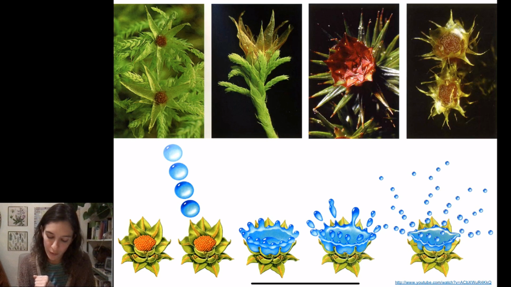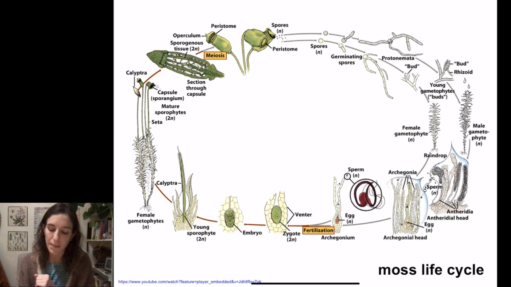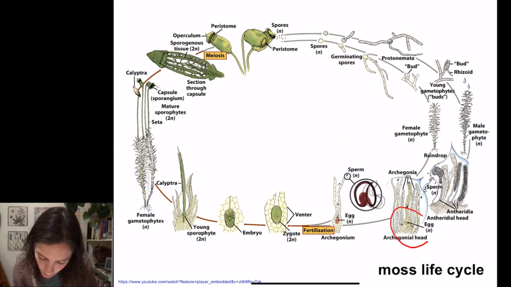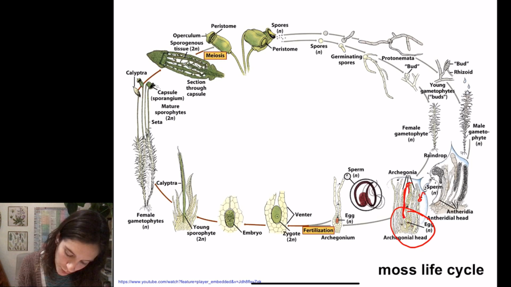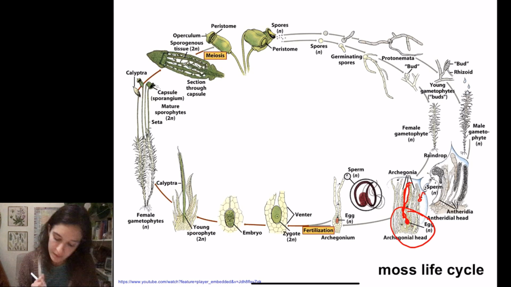Hopefully one of those sperm cells gets splashed over to an area where there is an egg nearby. That's what's going on down here. Hopefully one of these little sperm cells is able to find the top part of this archegonium, where it needs to swim down to find the egg.